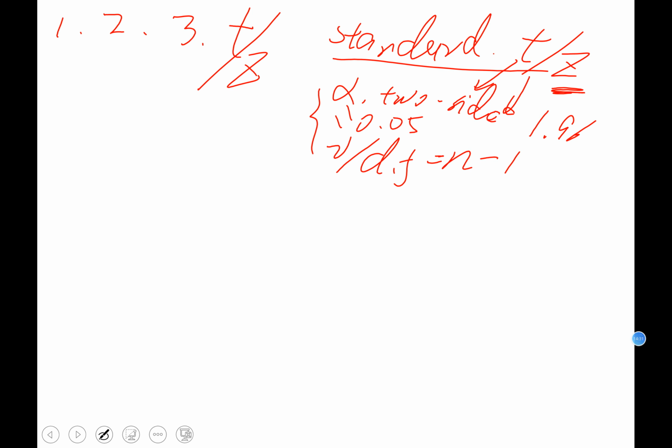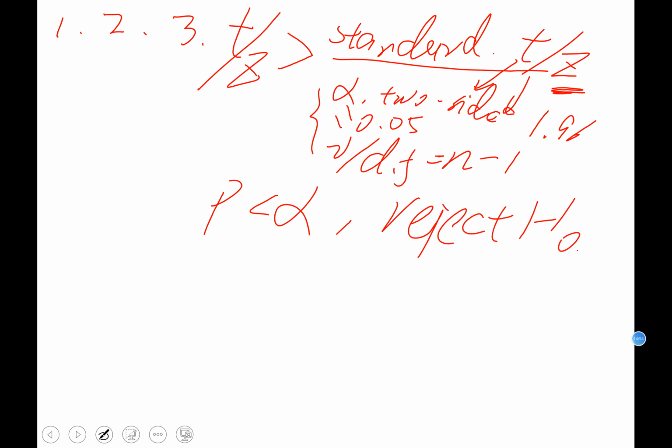The result of the comparison is the same. If the number you calculate is bigger than what you get from the table, that means p is less than alpha. So we need to reject H0. When H0 is rejected, that means the two populations are different.